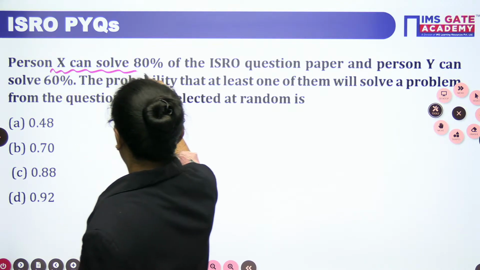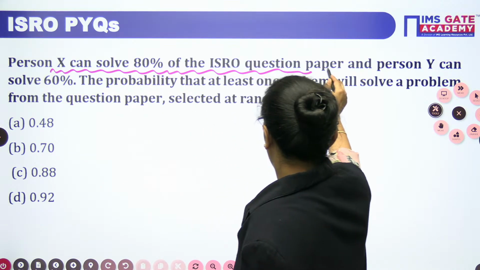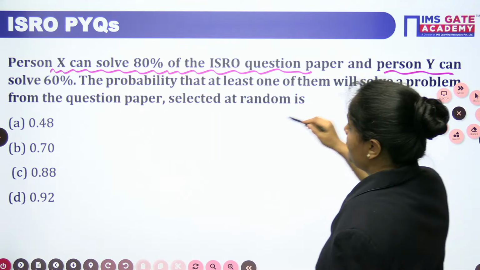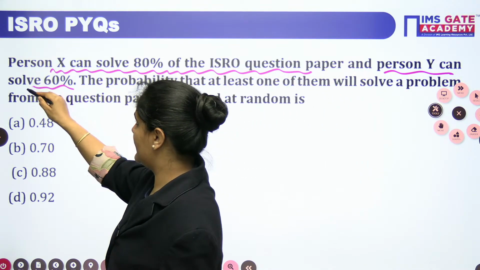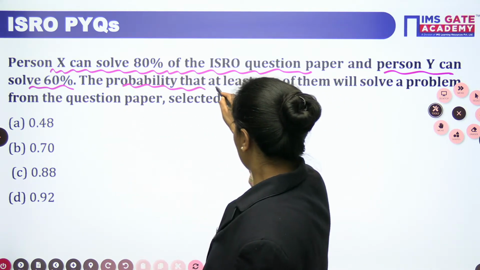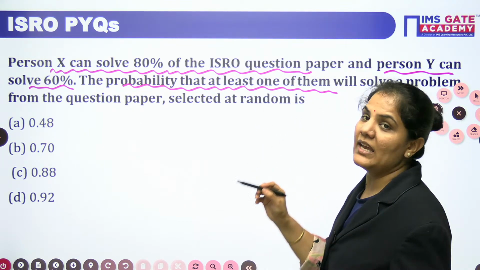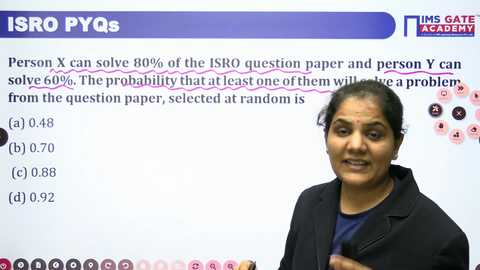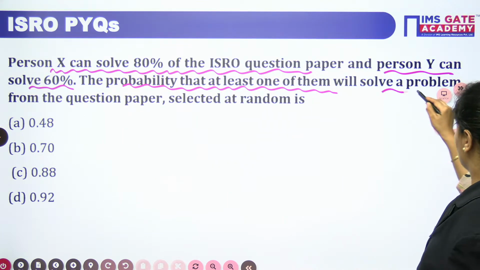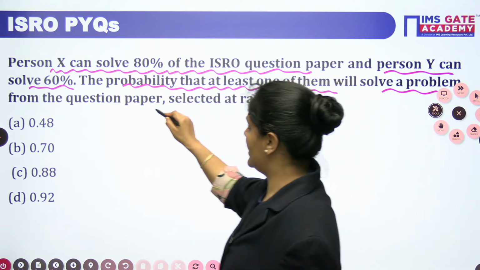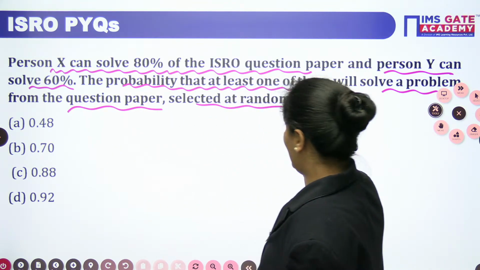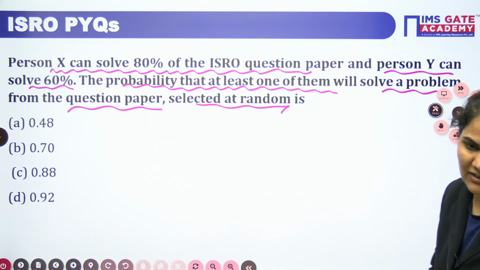Person X can solve 80% of the ISRO question paper and person Y can solve 60% of the questions. What is the probability that at least one of them will solve a problem from the question paper selected at random? Options are available.